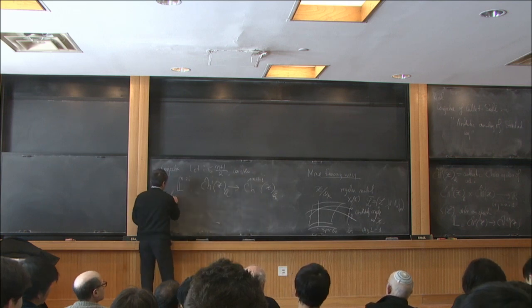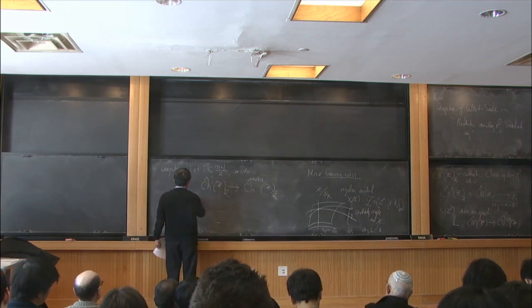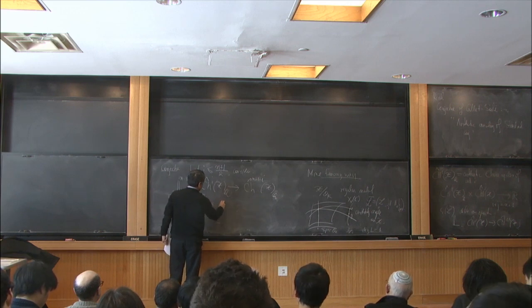So the first statement is that L^(m+1-2i) is bijective.